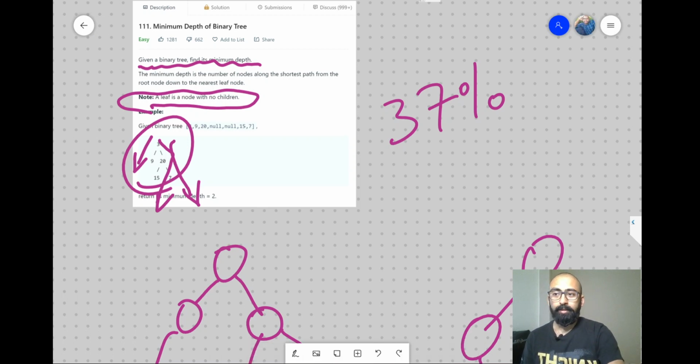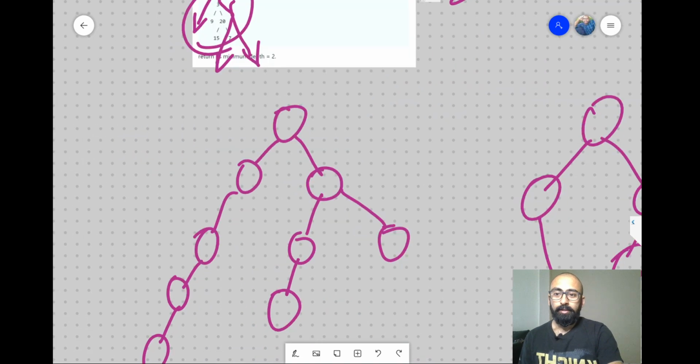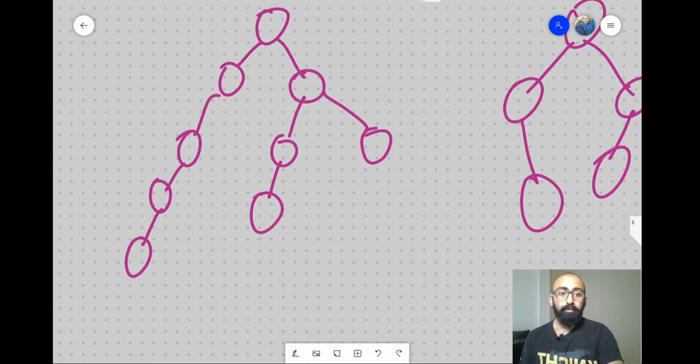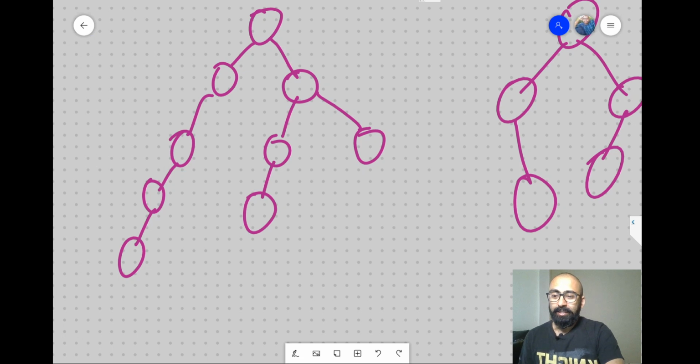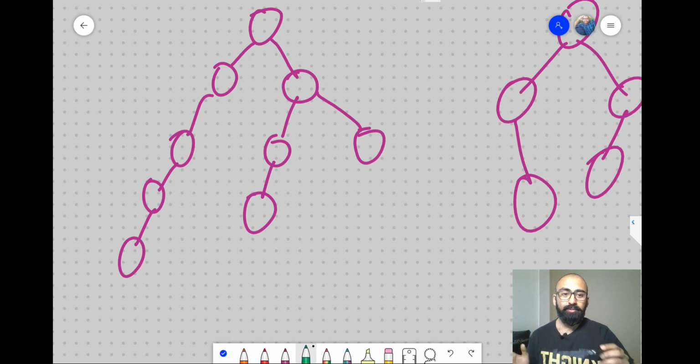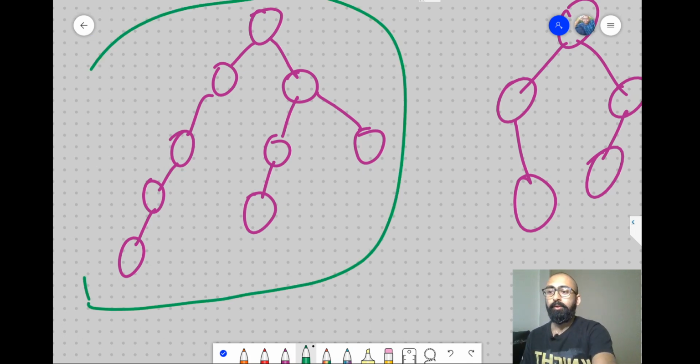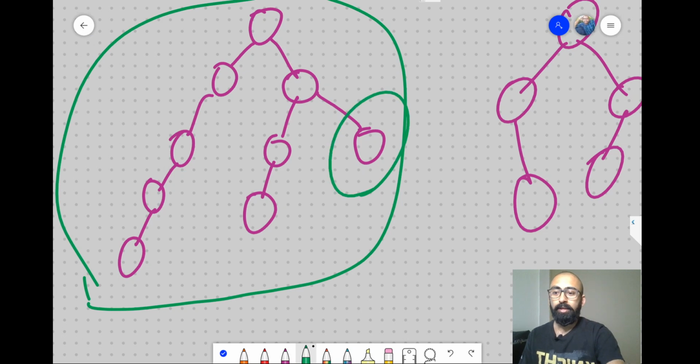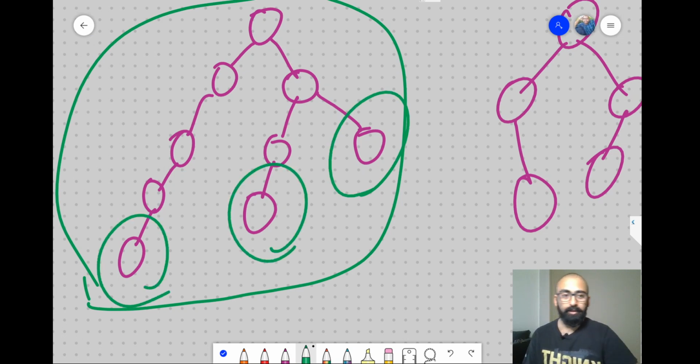Let's look at some examples of how we're going to solve this problem. The key thing to remember is the leaf node. So first thing you want to do is, in this example, figure out what the leaf nodes are. You have this one, this one, and then this one, right? What do you mean by a leaf node?